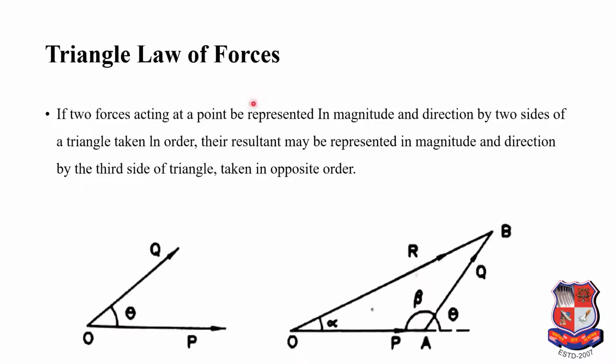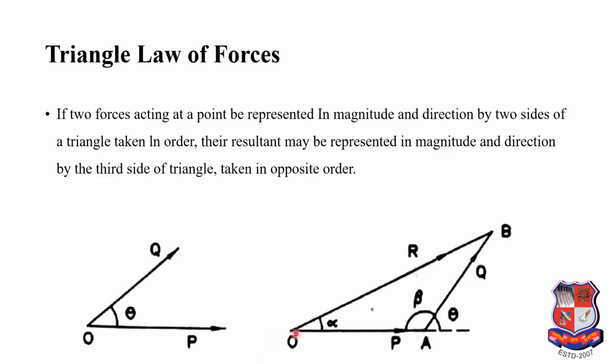As per whatever definition and theory is here, if you compare, you can see that OP is the force in that direction. Then the force OQ that we transmitted over here, whatever direction we maintained. These two forces have a resultant, and you can see the resultant R for both the forces.